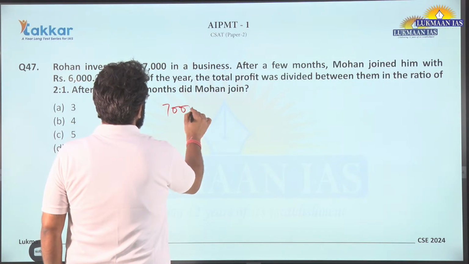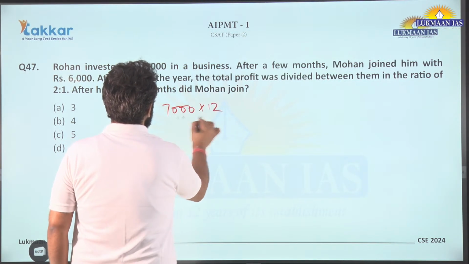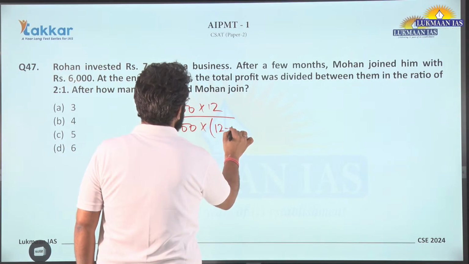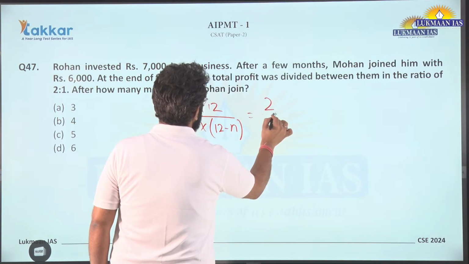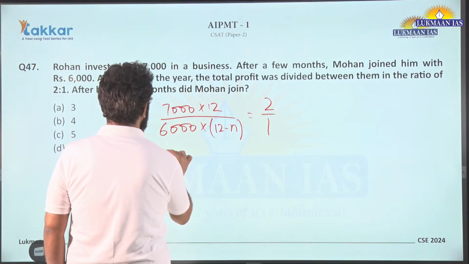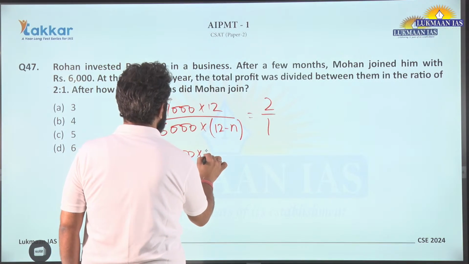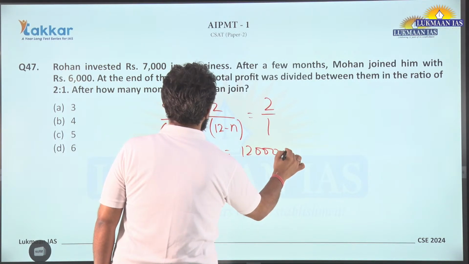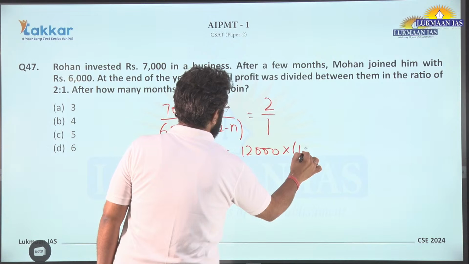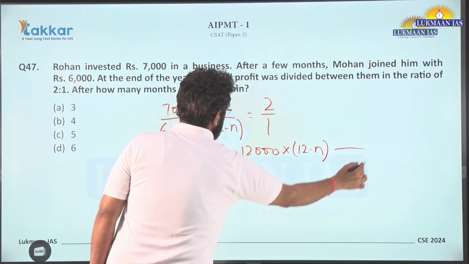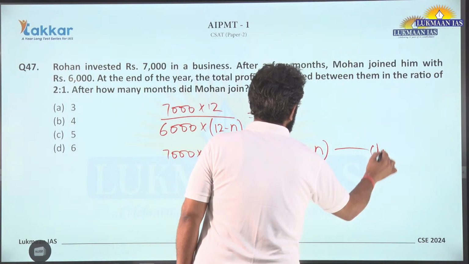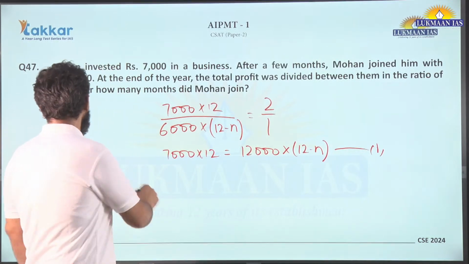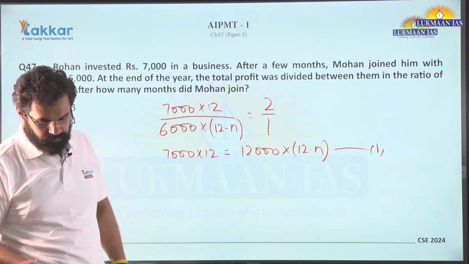So 7,000 into 12, and just solving this equation will give us the right answer. I guess you can solve it. C, 5 is the correct answer.